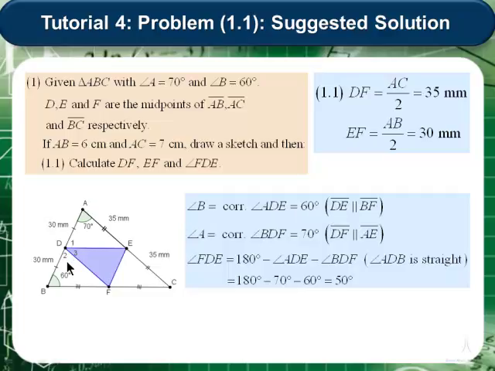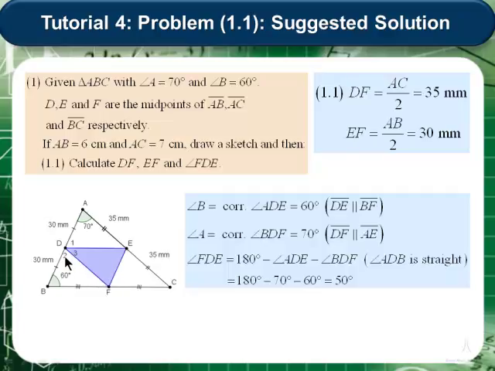In the same way, angle 2 is correspondingly equal to angle A, and therefore equal to 70 degrees. The reason here is because DF is parallel to AC, due to the fact that D and F are the midpoints of the two sides.